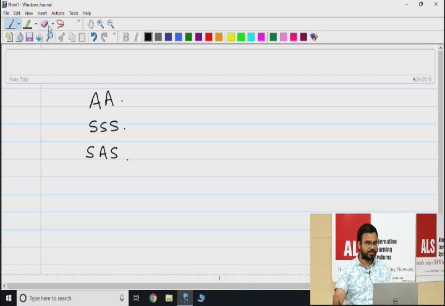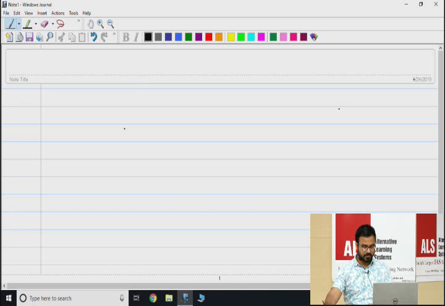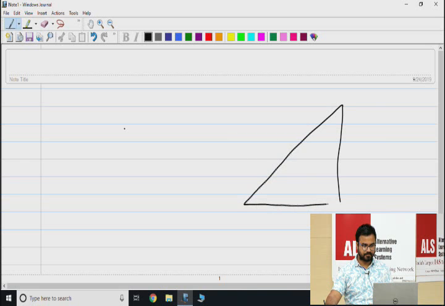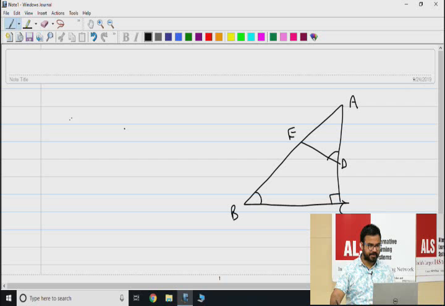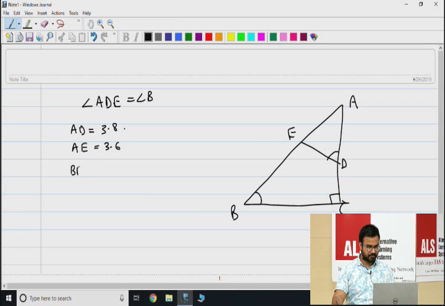So let's start with one question. Suppose this is the diagram given, and it says angle ADE is equal to angle B. AD is equal to 3.8, AE is equal to 3.6, BE is equal to 2.1, and BC is equal to 4.2.